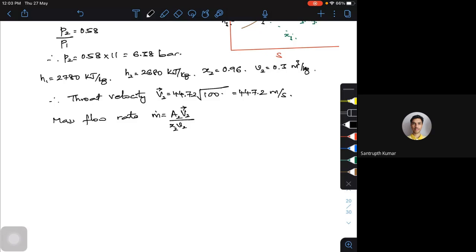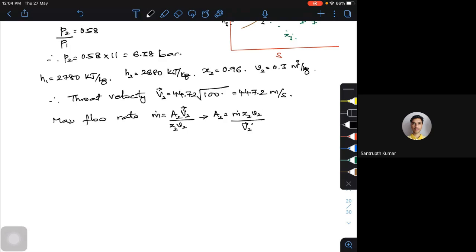So A2 is given by m dot into x2 into small v2 divided by capital V2.